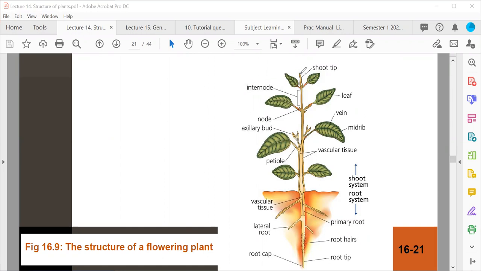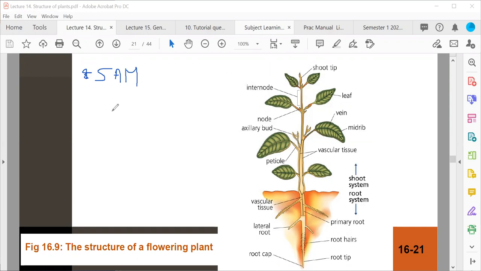All right, so here we have the growing tip of the shoot. And who remembers those cells, the meristem cells that are found within the shoot tip? Shoot apical meristem, the SAM. So that's found just below the actual shoot tip.